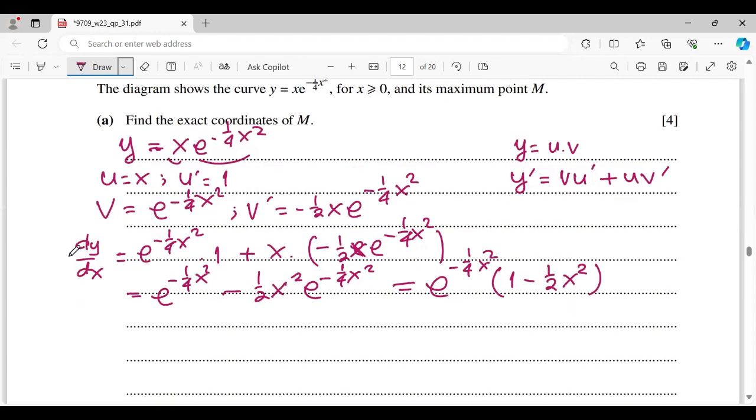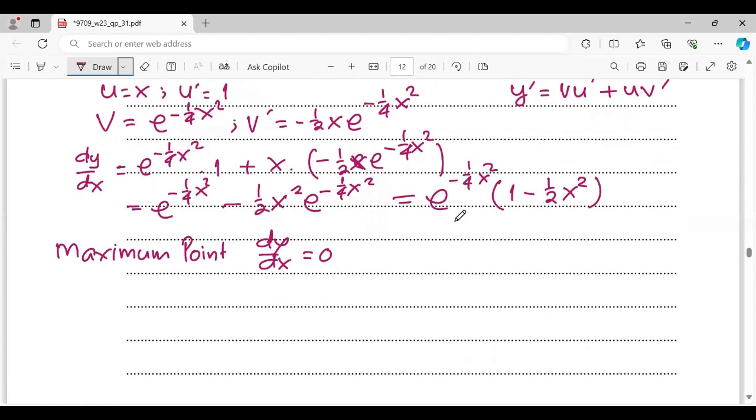So the maximum point happens when the first derivative equals 0, when dy/dx equals 0.